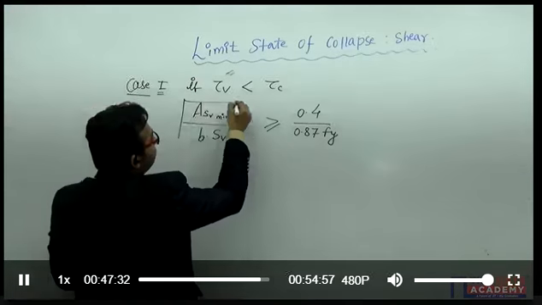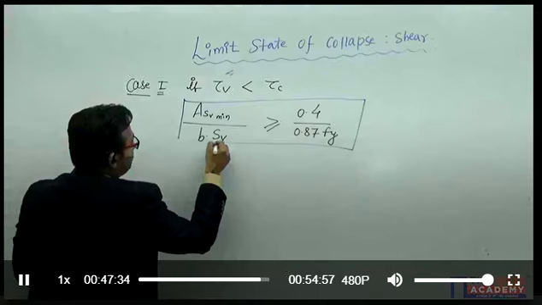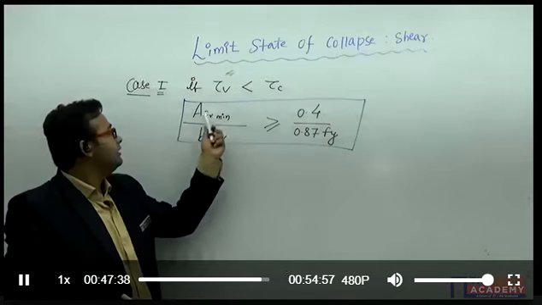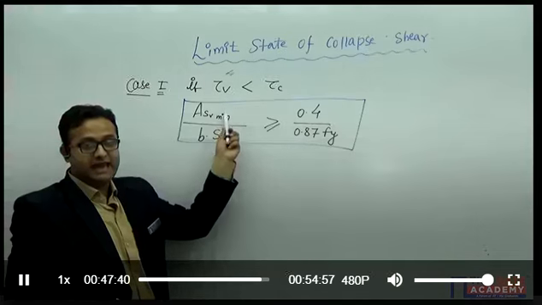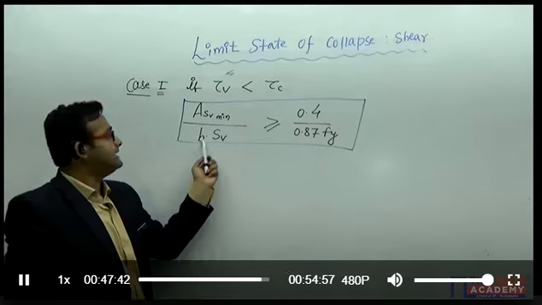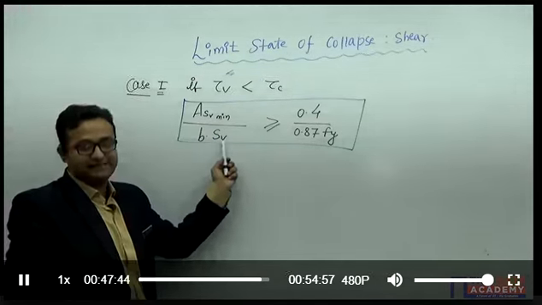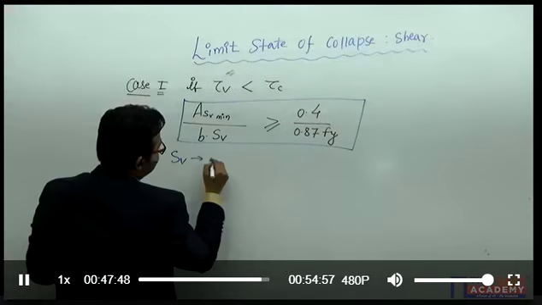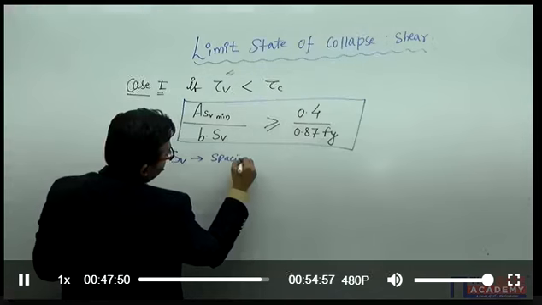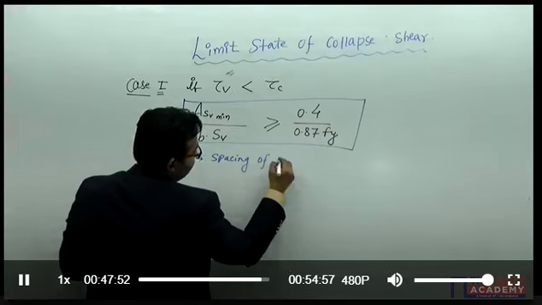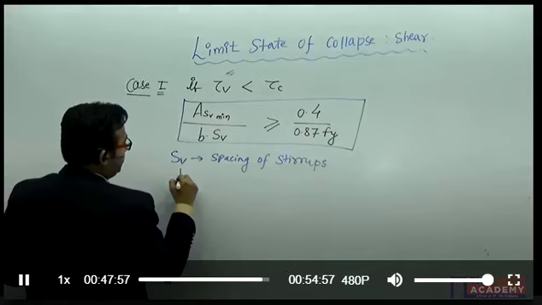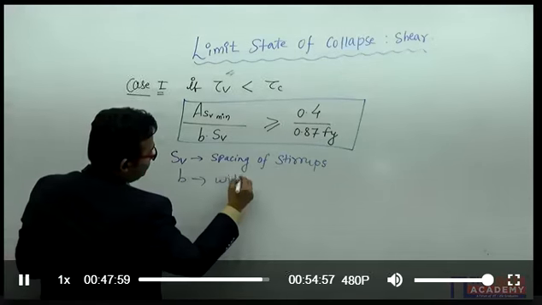This is the formula, where ASV is the area of stirrups, SV is the spacing of stirrups, B is the width of beam. Please note down.